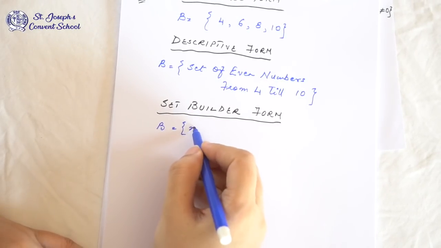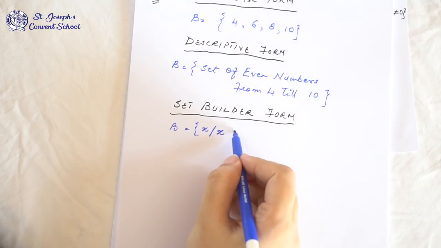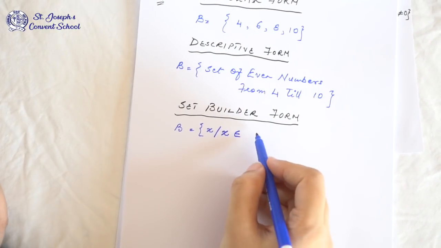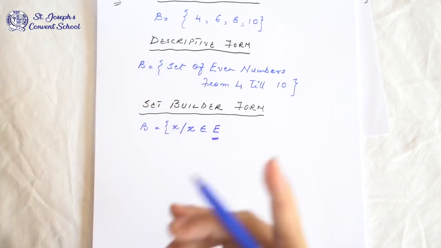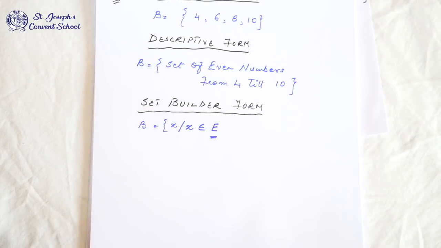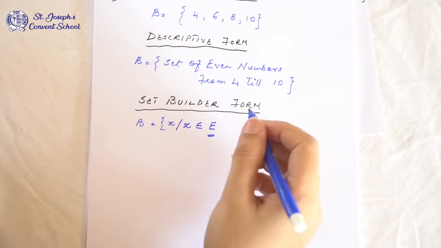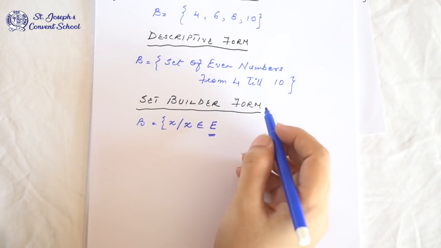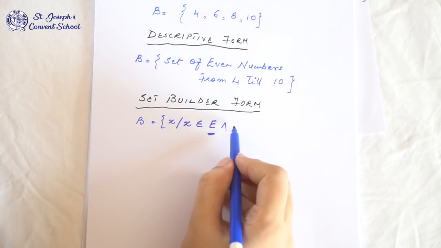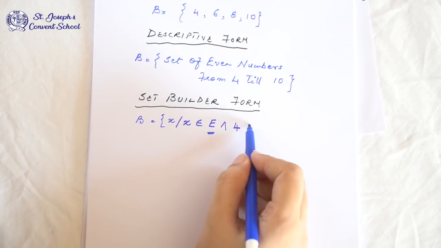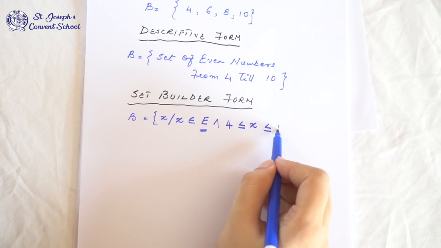Suppose these elements are x such that x belongs to, now this set belongs to even numbers, so you will write E. This will change according to what set is given actually. So this set belongs to even numbers and numbers are starting from 4, so you will write 4 is less than or equal to x and x is less than or equal to 10.